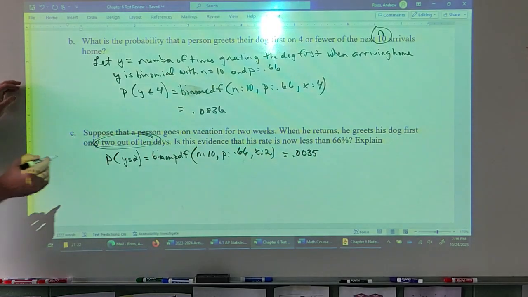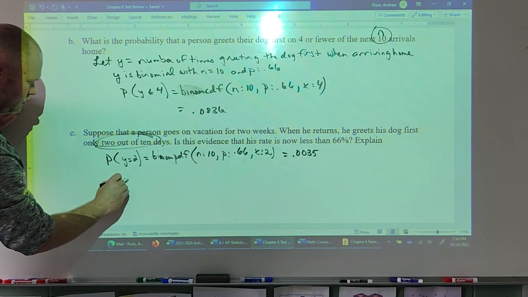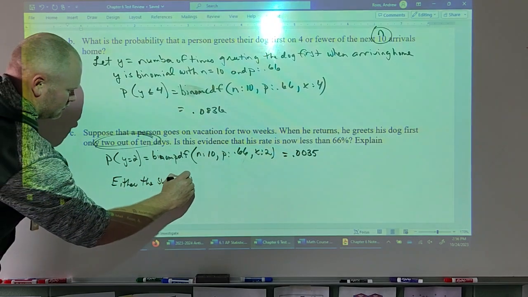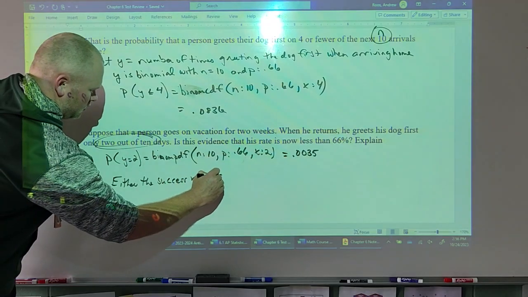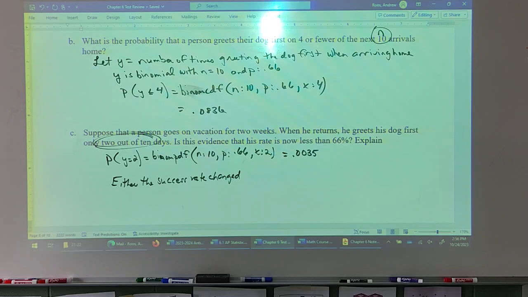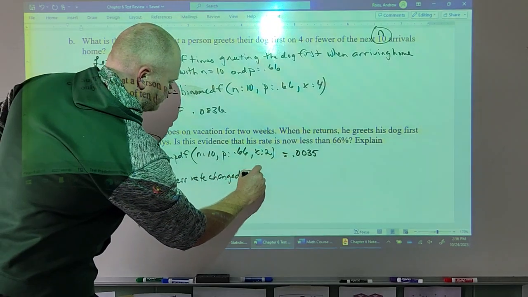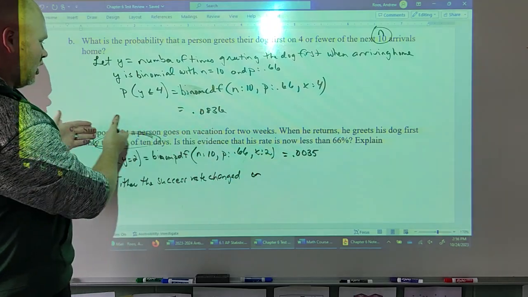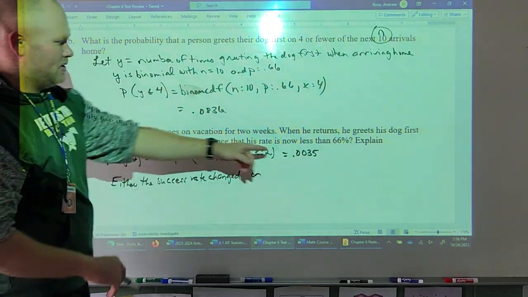So either the success rate changed or something happened on this vacation that is causing this difference, right? Because this is significant.